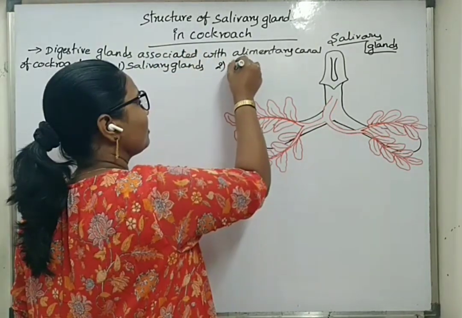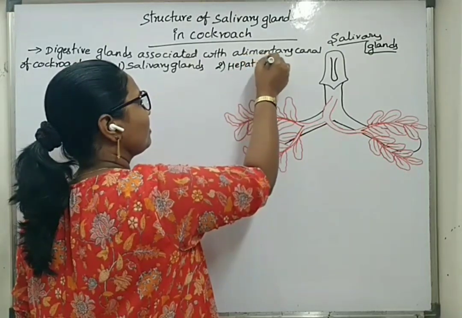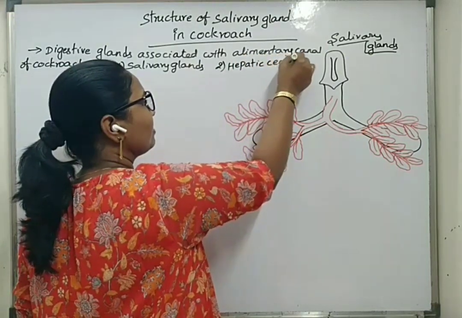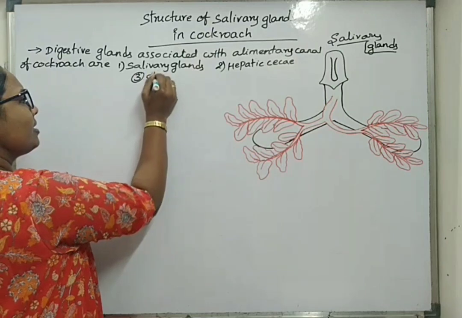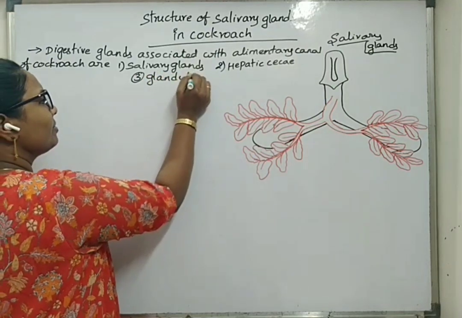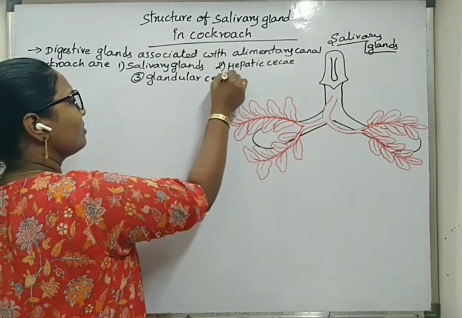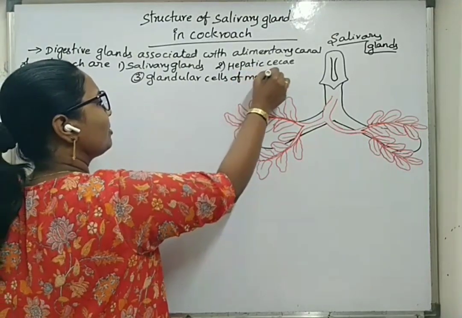Second one, glandular cells of mesenteron.